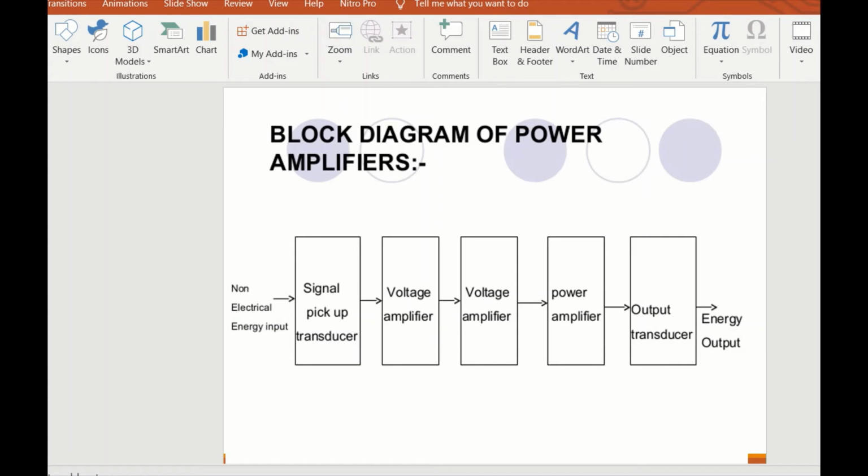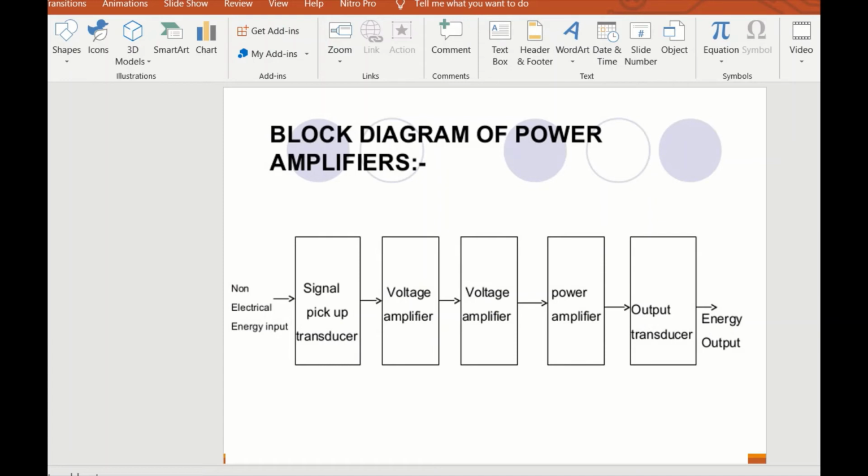Suppose some sound signal is sensed by the microphone. It has a very low value, right? So first of all, it will pass through some voltage amplifier stages, and the voltage level of the signal will be amplified. And the last stage is your power amplifier.